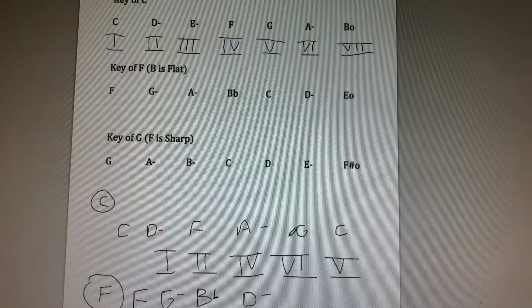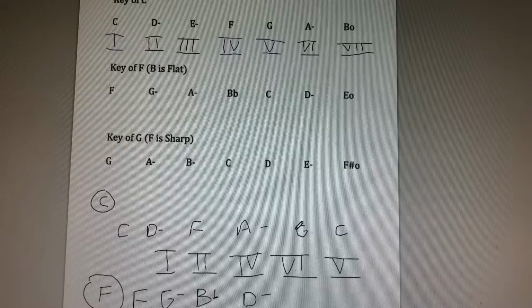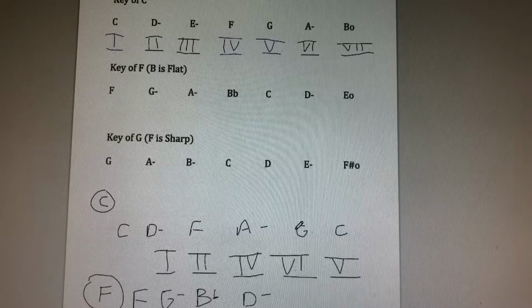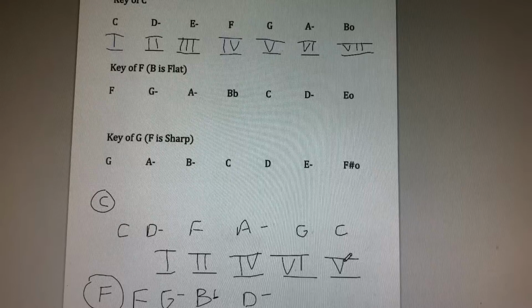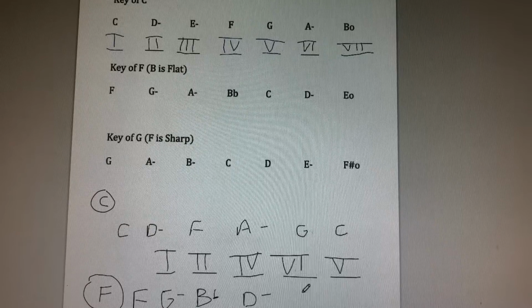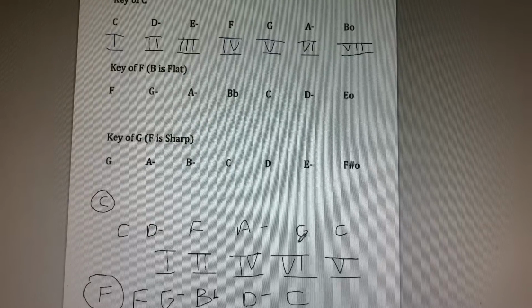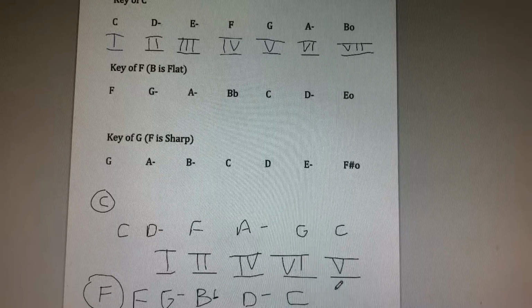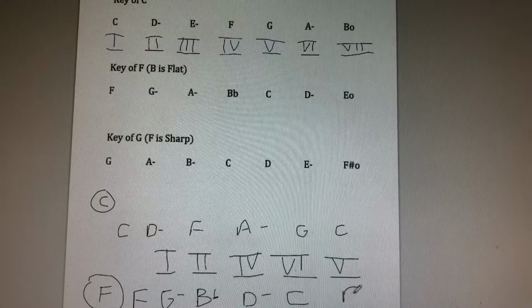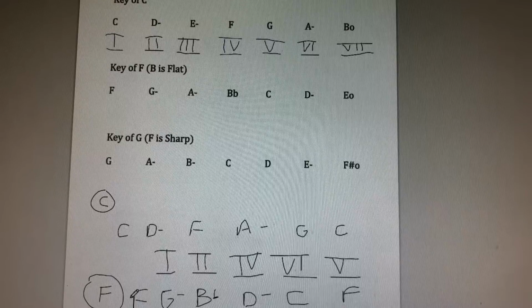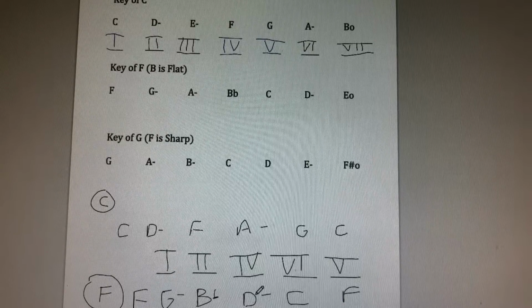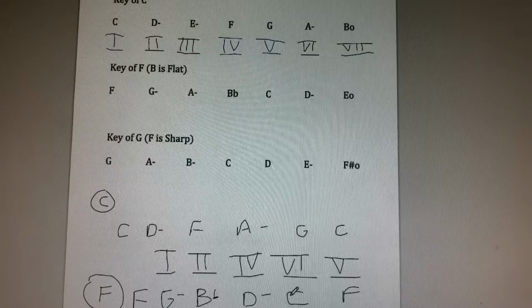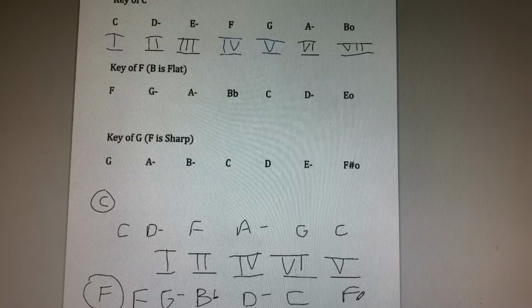And last but not least, the 5 chord in the key of C is G, but we're not using G, we're in the key of F now. So our new 5 chord is C, and then of course back to the 1 chord, which is F. So your progression now becomes F major, G minor, B flat major, D minor, C major, and back to F.